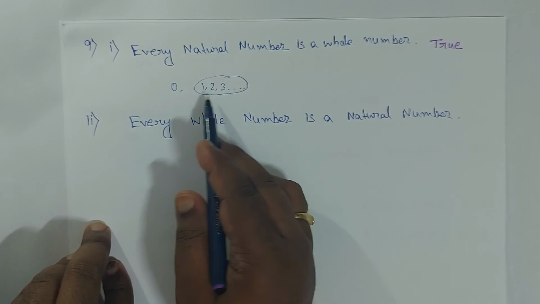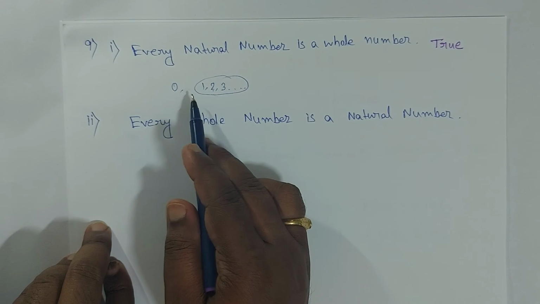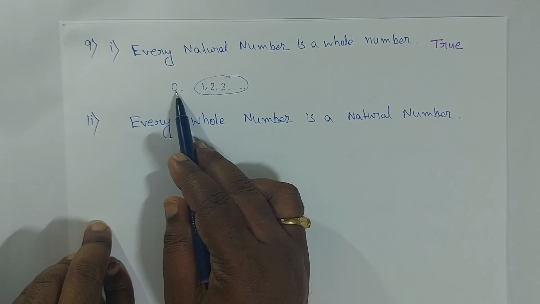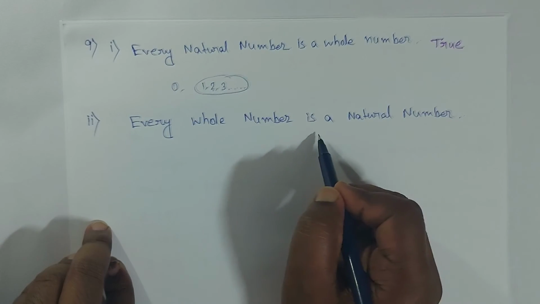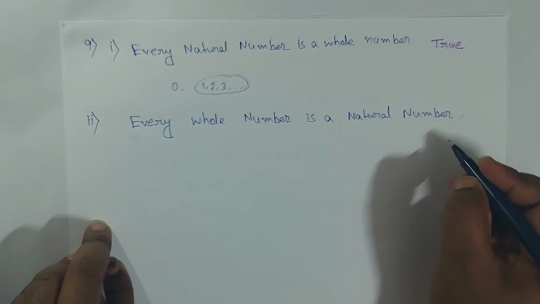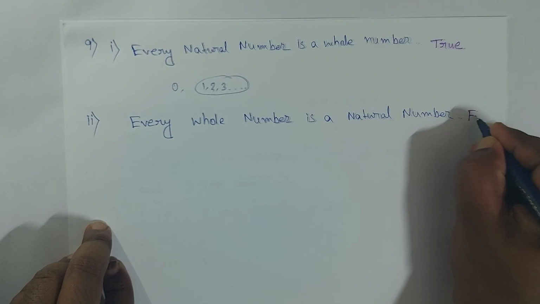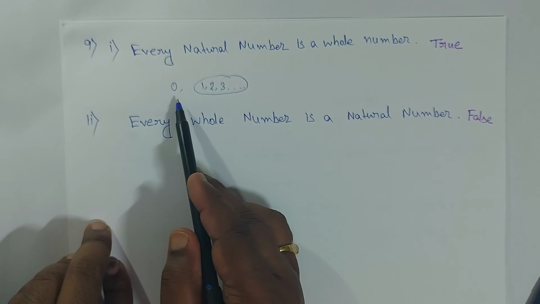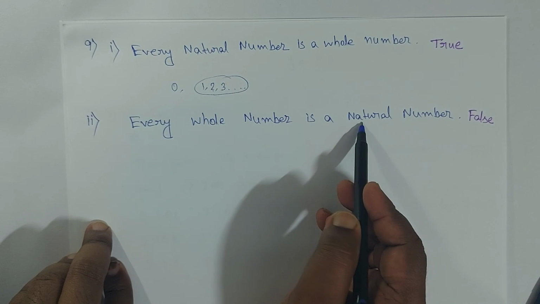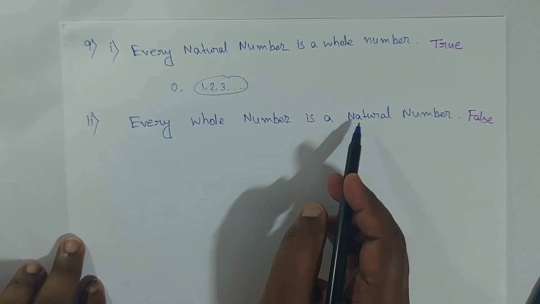From this expression we can easily say that 0 is a whole number, but it does not come under the group of natural numbers. So every whole number is not a natural number. So this is false, because 0 is a whole number which is not a natural number.